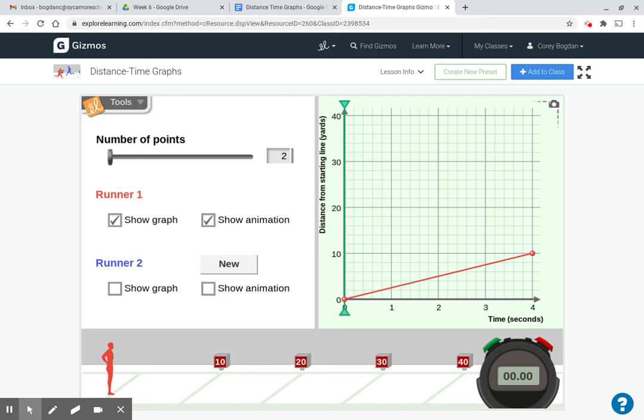So to find their speed, I just have to take their distance traveled, 10 yards, and divide it by the total amount of time, 4 seconds. In this race, they are going 30 yards in 4 seconds, but I would calculate speed the same way. Distance, 30 in this case, divided by time, 4 seconds. Let's get crazy and do something like that.